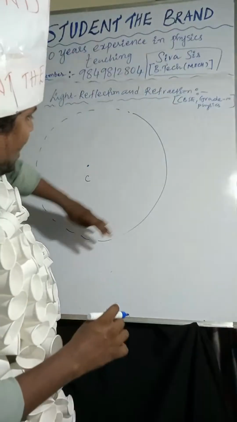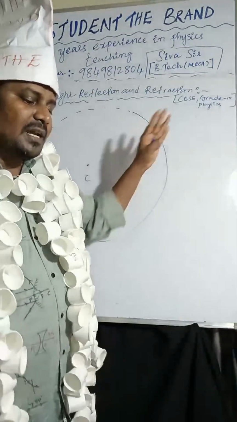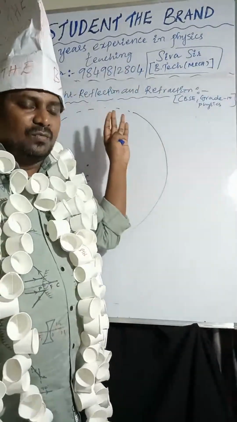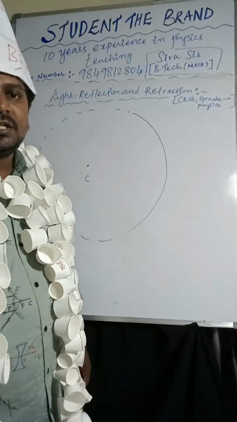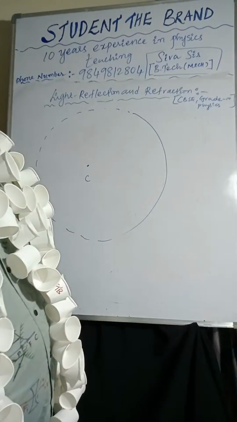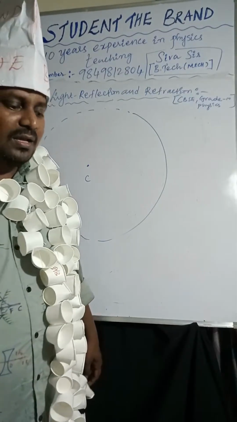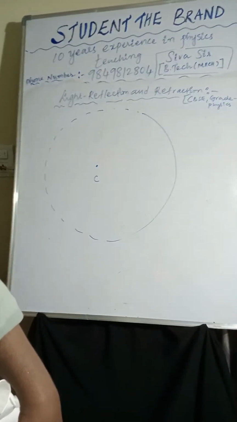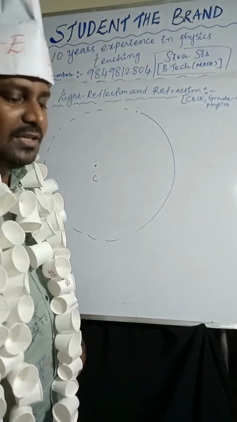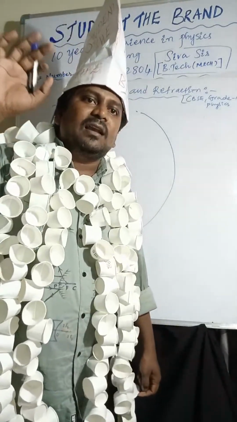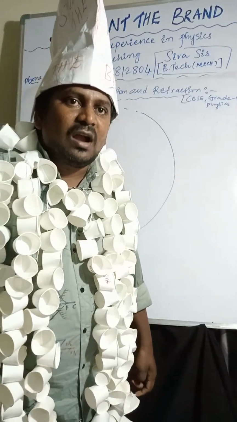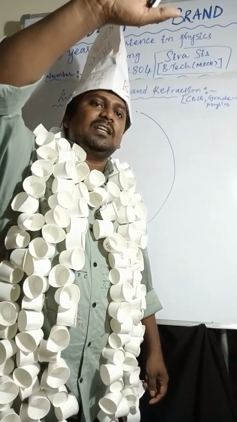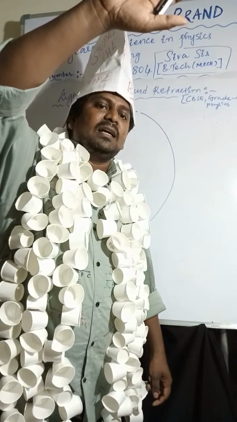The center of the imaginary sphere of which the mirror is a part is called the center of curvature.